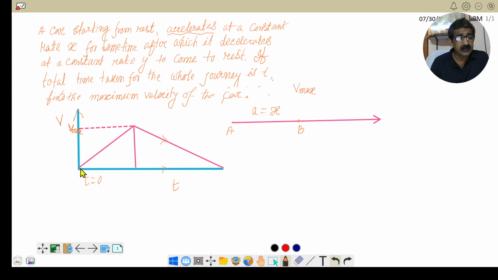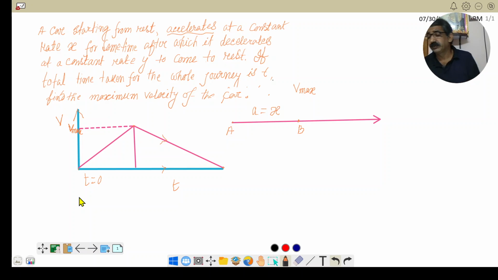It increases from 0 to V max, and then decelerates and becomes 0. Total time taken for the whole journey is t. So this is 0 up to t, the total time. Find the maximum velocity of the car.